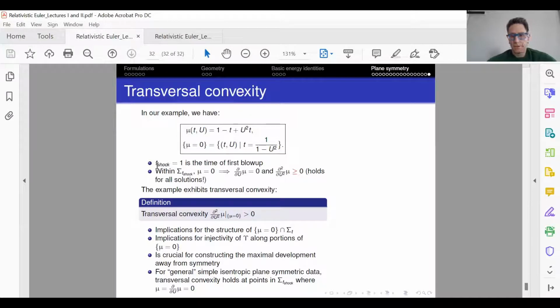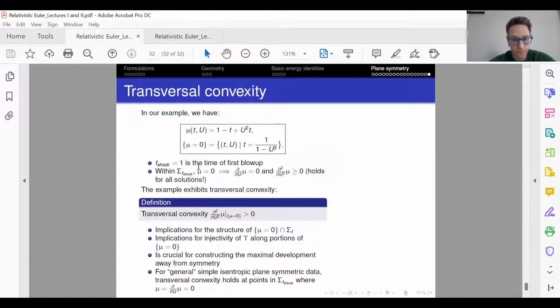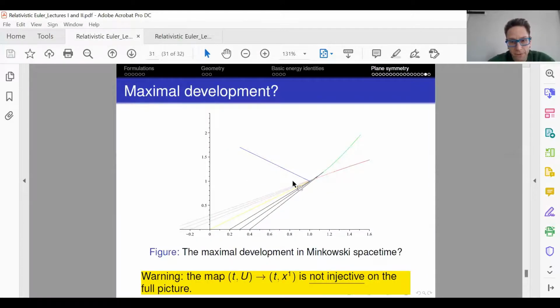The time of first blow up, where this cusp lives, is 1. If you look at the constant time hypersurface of first blow up, which I haven't drawn, it's just the flat line t equals 1. What do we know happens along that particular hypersurface?